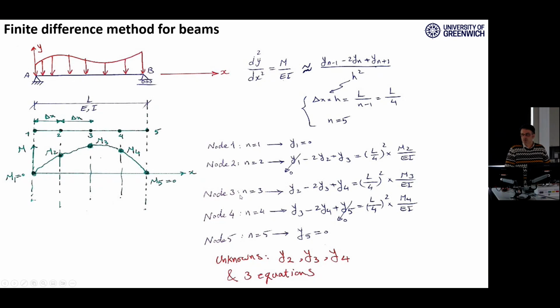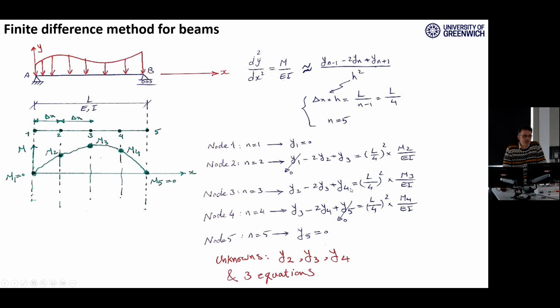Let's repeat it for node 3. I'm just putting n equal to 3 in this equation. If I put n equal to 3, I will get y2 minus 2y3 plus y4 equal to h squared times M over EI. M is M3 because I'm writing for node 3.